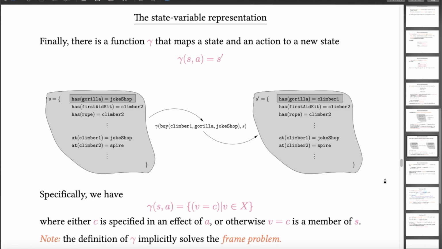So has gorilla on the left at time t will be a variable in the CSP, and its domain will include joke shop and anything else that can be the value for has gorilla. On the right, at time t plus 1, the CSP will have another copy of all of those variables, one corresponding to has gorilla, one corresponding to has first aid kit, and so on. These are for time t plus 1, and they will have the same domains.